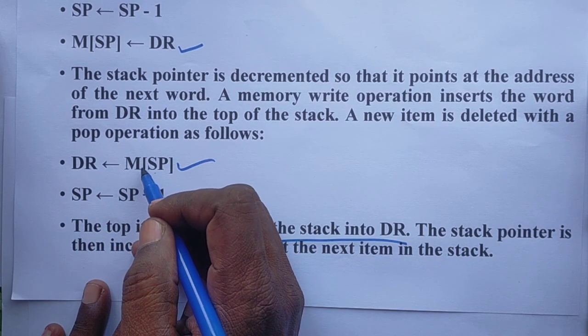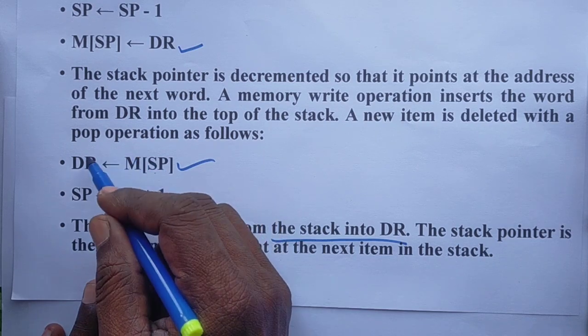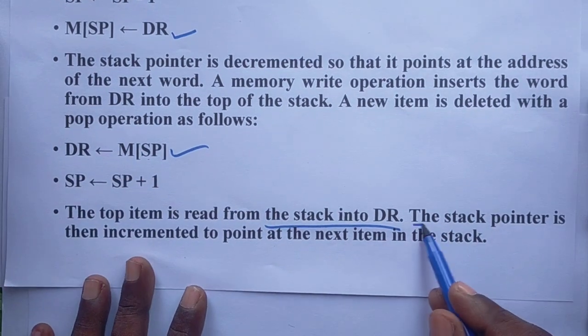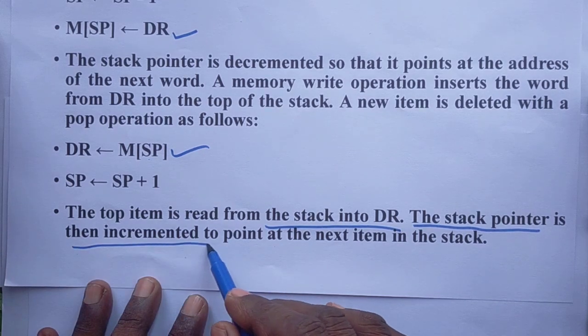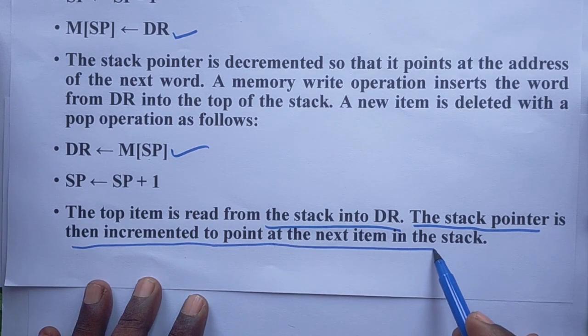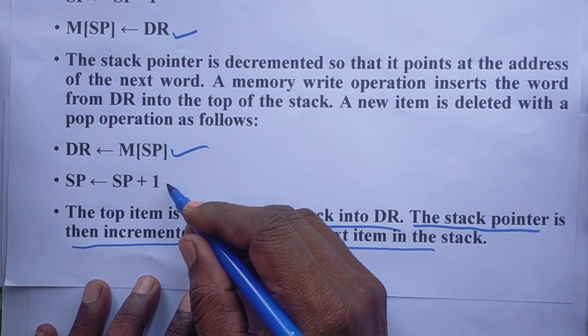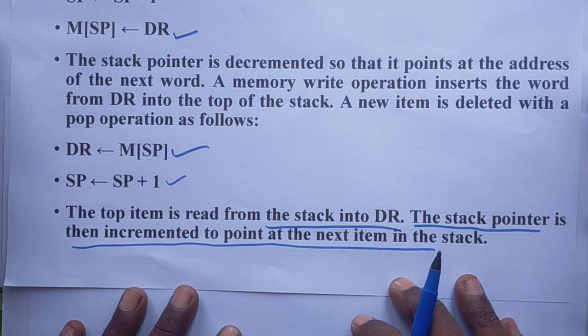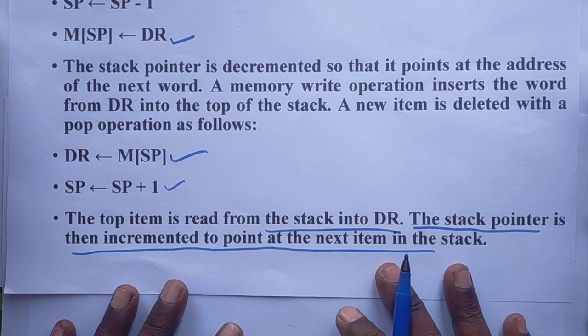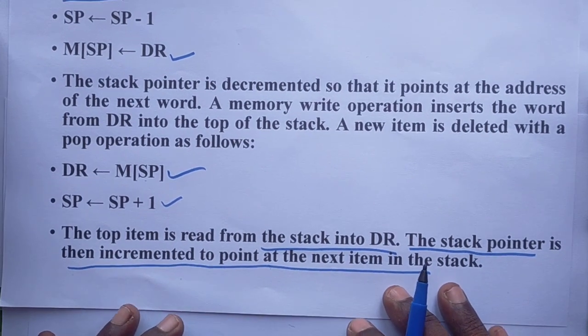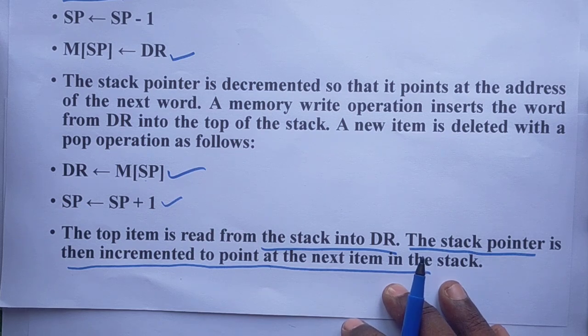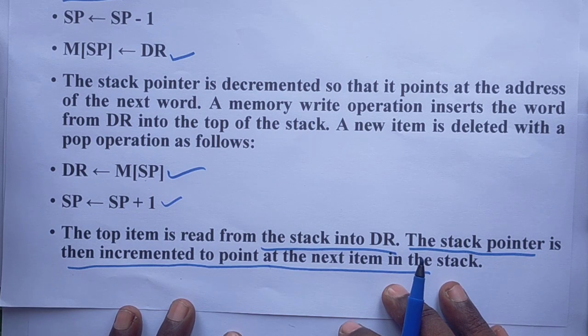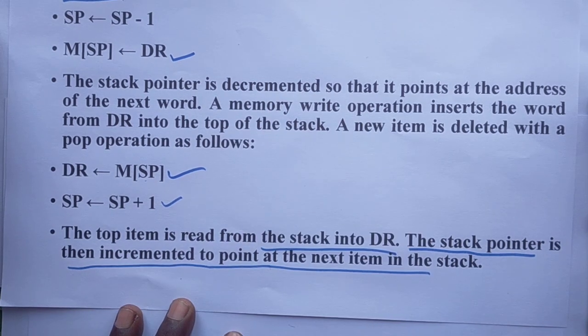Through the read operation, data is transferred from the memory of SP to DR. Then the stack pointer is incremented to point to the next item. Automatically the stack pointer is increasing, because towards the bottom it will increase. In this way the stack is maintained for inserting or deleting. Any kind of data deleted from or inserted into the stack goes through this kind of instruction.